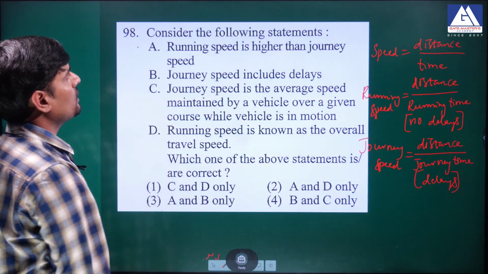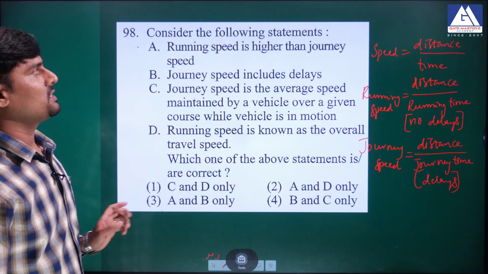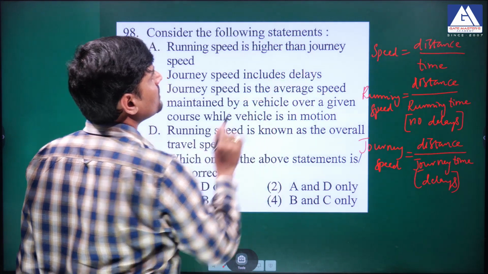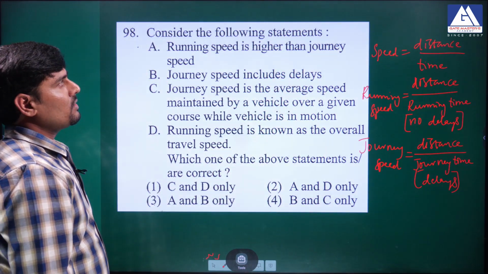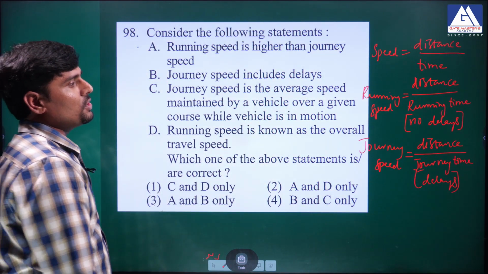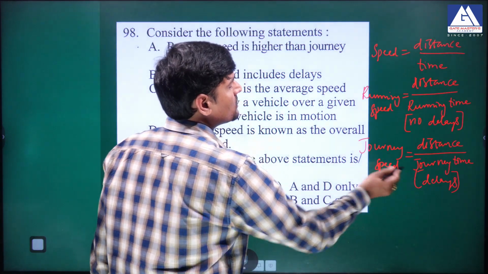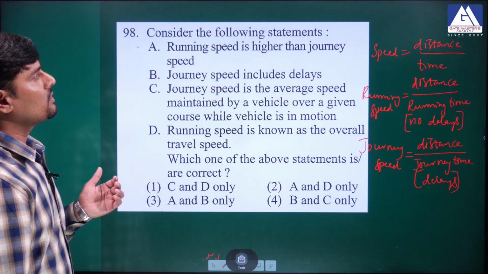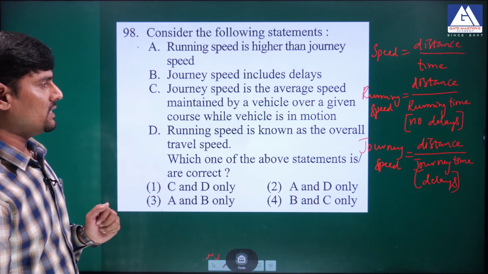Option A, consider the following statements. Here running speed is higher than the journey speed. Will it be possible? When the denominator is so large for the journey speed, the overall speed is going to be decreased.